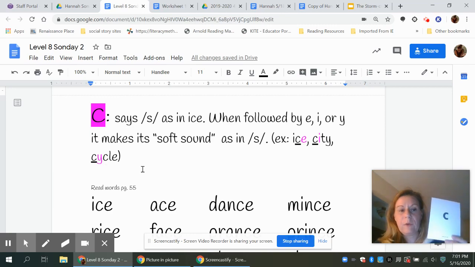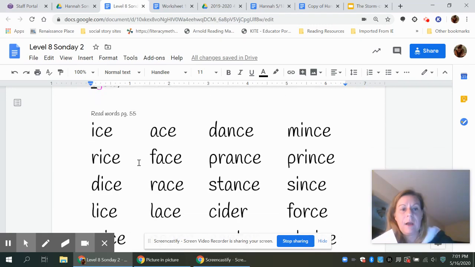So we're going to read some words with our soft C, also on page 55. Look at all of those vowels that come after the C, because that is our indicator that it's saying the soft C sound and not the K sound. So here we go.